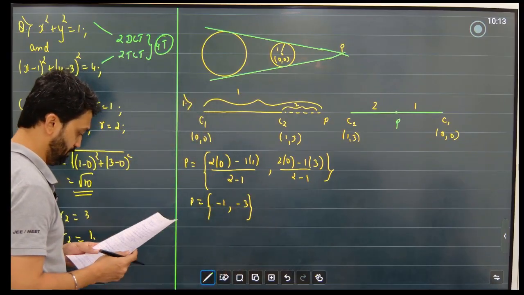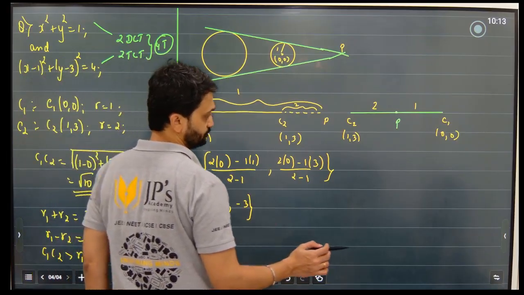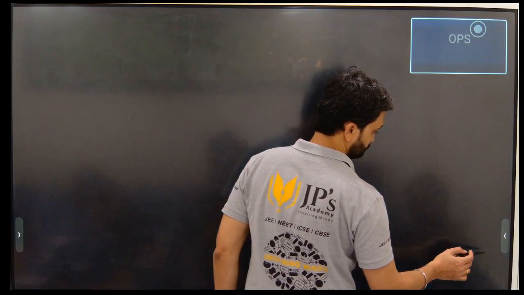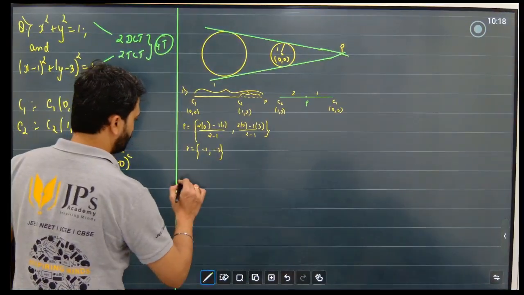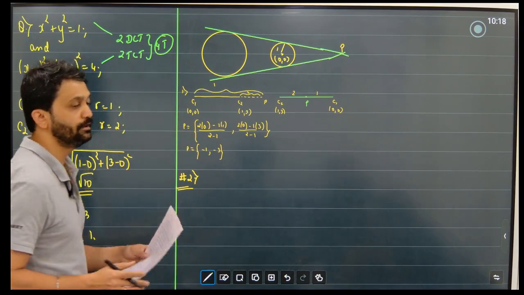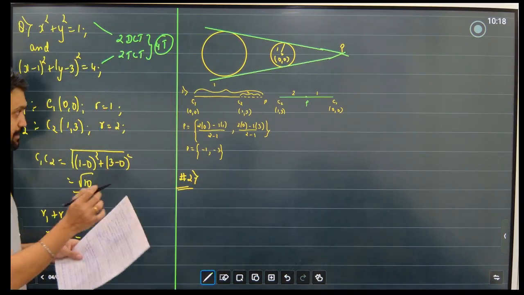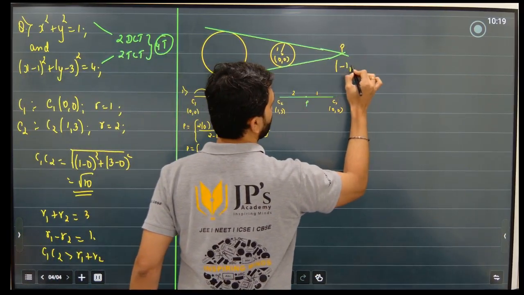So I have got P ka value as minus 1 comma minus 3. Okay, please write down till here. Point number 2. Now what we do is, now the point is P. So I have got the value of P as minus 1 comma minus 3.